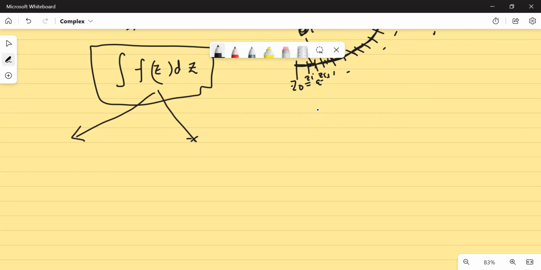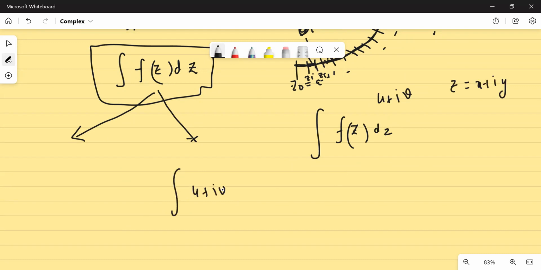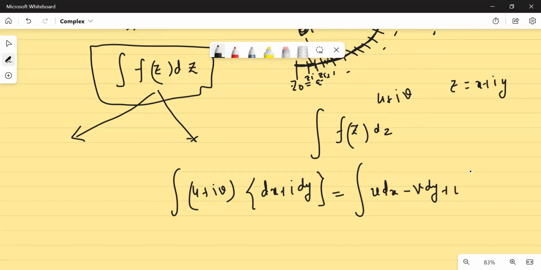Let us see how. So if my function f(z) is some u plus iota v, and dz, you already know that z is equal to x plus iota y. So you can clearly see that this would be integration of (u plus iota v) into (dx plus iota dy), and you just integrate it all over again. So you'll get u dx, minus v dy, plus iota times integration of v dx, and u dy.